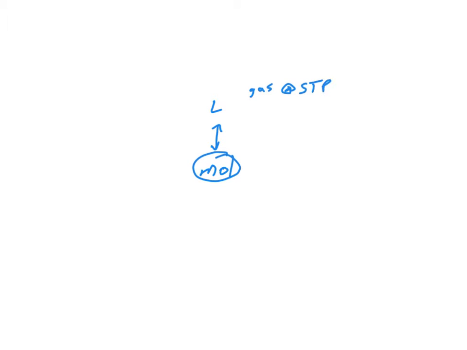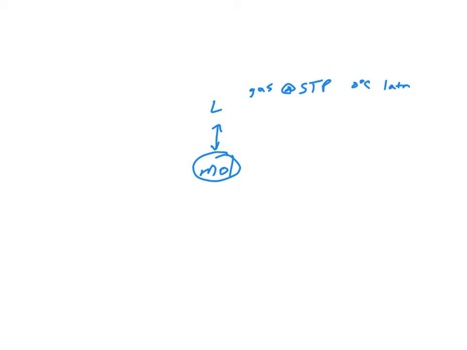So STP stands for standard temperature and pressure. Standard temperature is 0 degrees Celsius and 1 atmosphere of pressure. This means we can't use this method to find the volume of water because water is not a gas at STP. So this only applies to gases when they're at 0 degrees Celsius and 1 atmosphere of pressure.